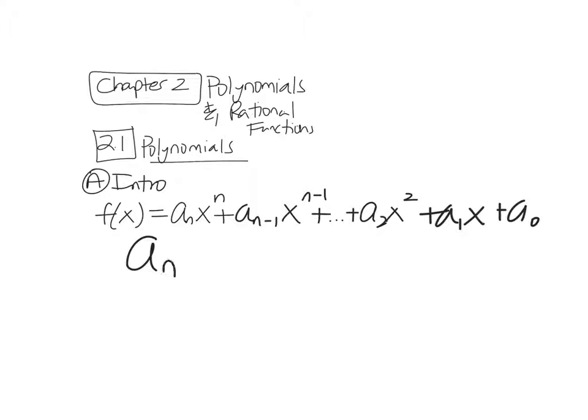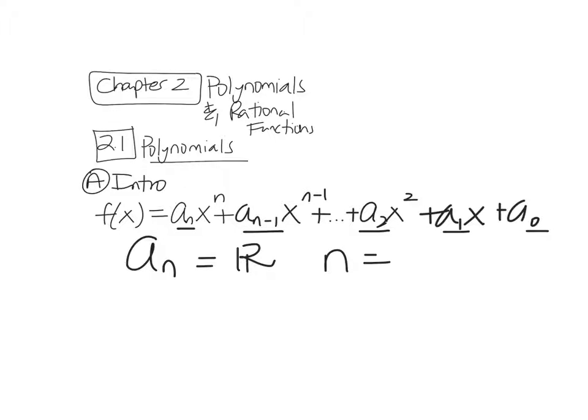Now, here's the thing. A sub n, a sub n minus 1, a sub 2, a sub 1, a sub 0, these are the coefficients. All of the a sub n's are real numbers. And n, the exponent, has to be a non-negative integer.